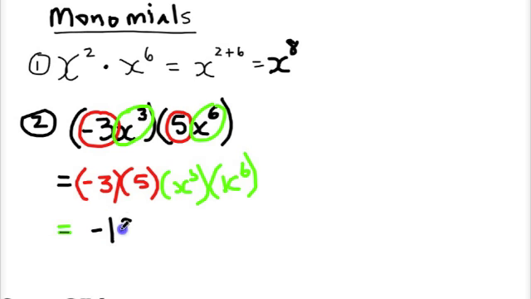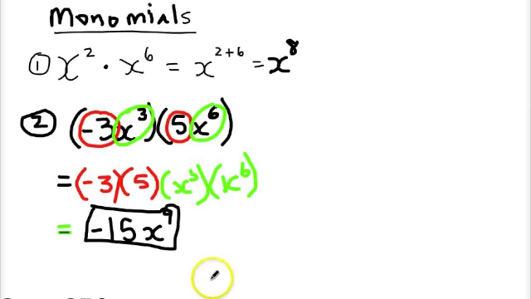That's the coefficient of my answer. And x cubed times x to the 6, they have the same base, so you add the exponents. 3 plus 6 is 9. This is the final answer, because you cannot get an actual value since you don't know what x is.